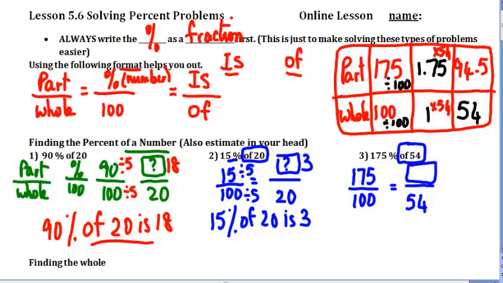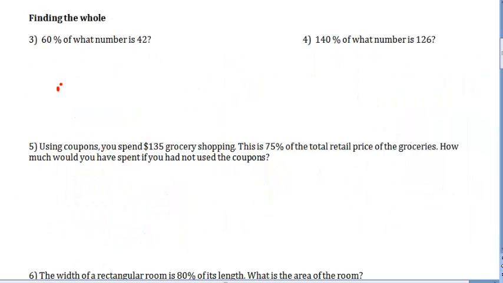So my final answer is 175% of 54 is 94.5.